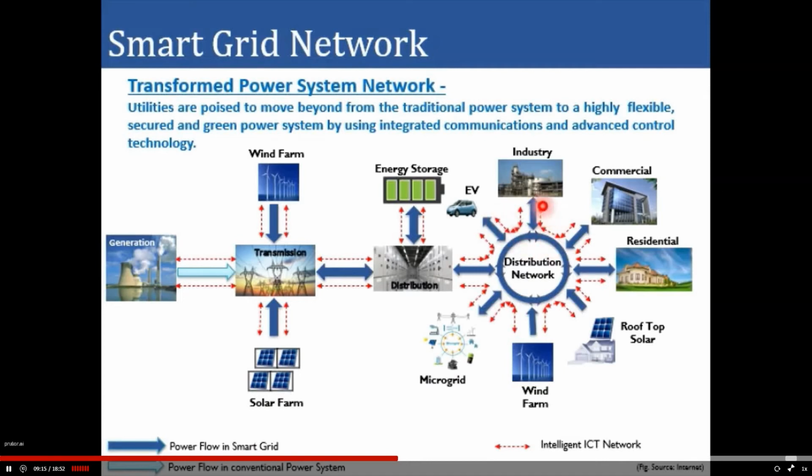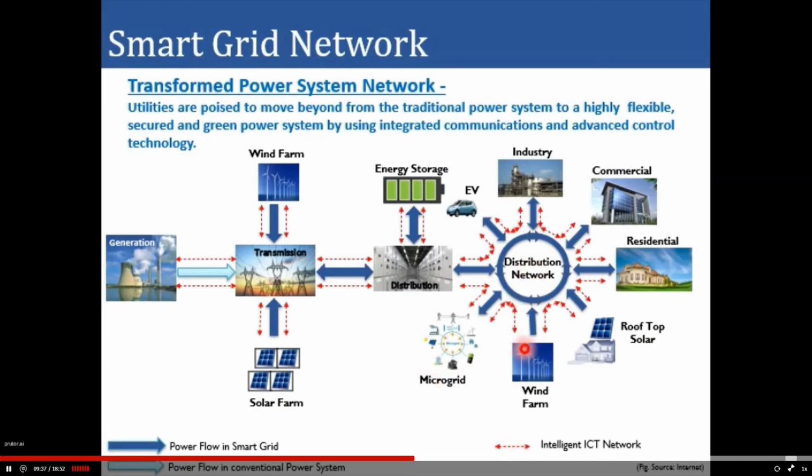Unless you exchange the information at the right time, you cannot take informed decisions about the status of the power system, or if there is any critical condition, you cannot take action unless you have sufficient data available.